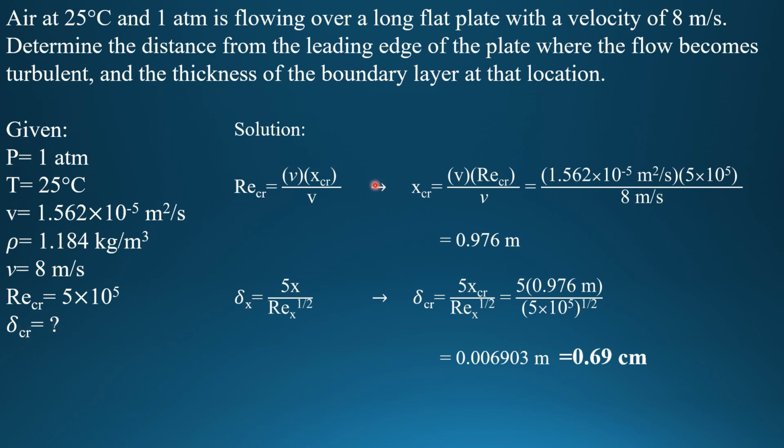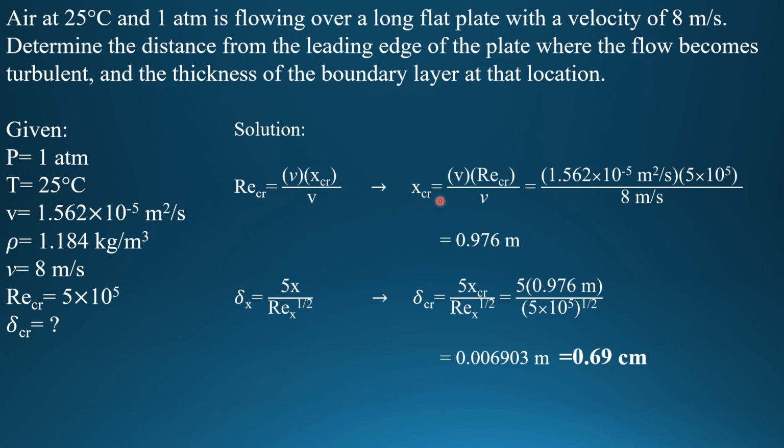Here is the solution. We have this equation of Reynolds number at critical point that is equal to the velocity times the distance of the critical point over the kinematic viscosity.